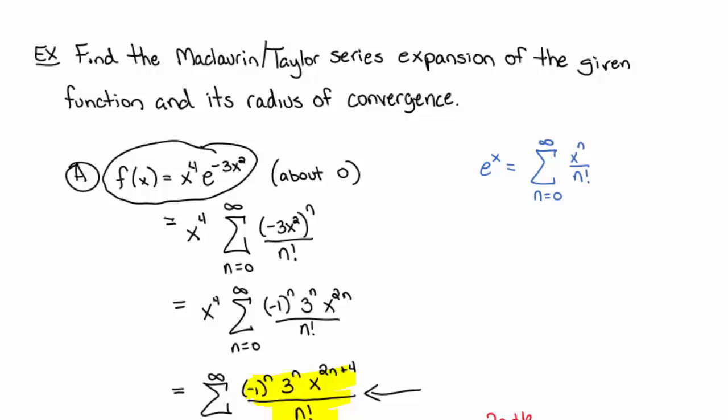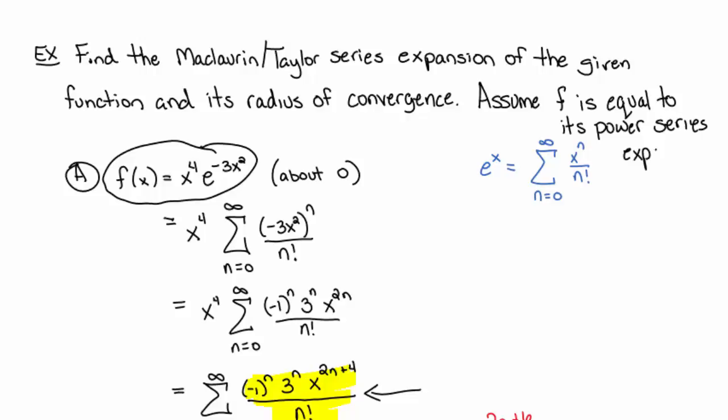That is, we're going to, if we can, assume f is equal to its power series expansion. The reason why is because this gets very tedious to actually prove over and over again that the remainder tends to 0. So we did it in a previous video. I'm not going to do it here.